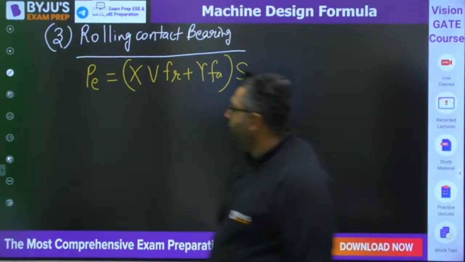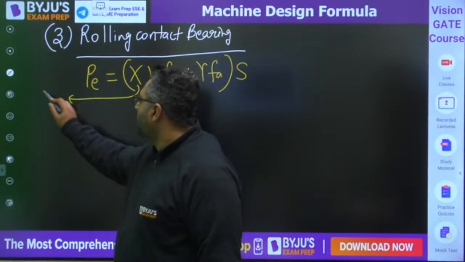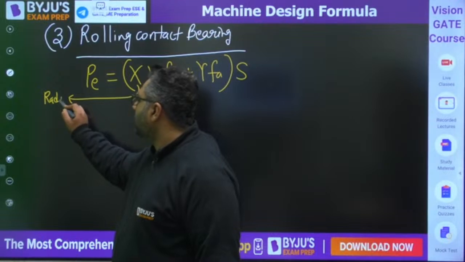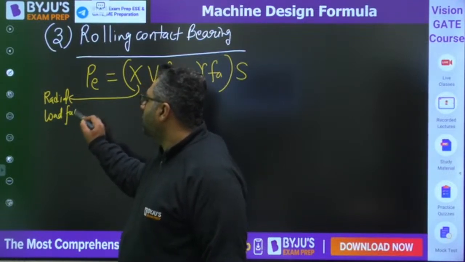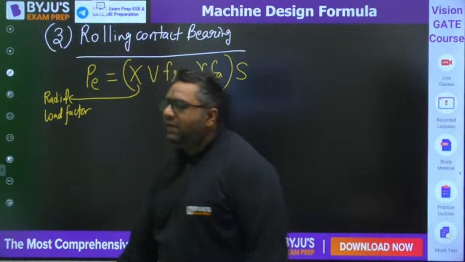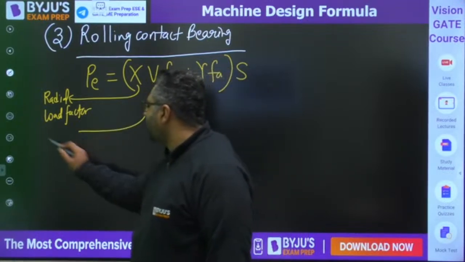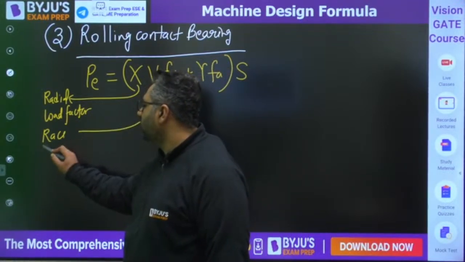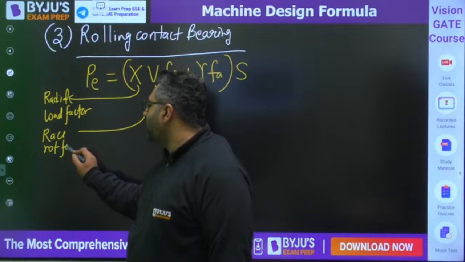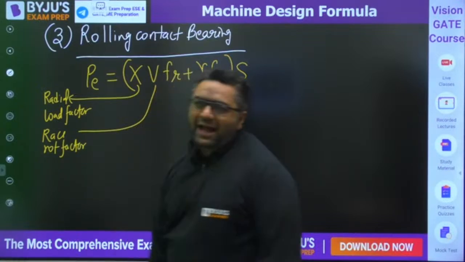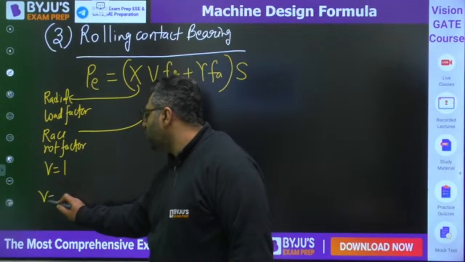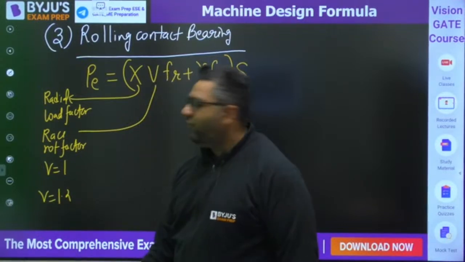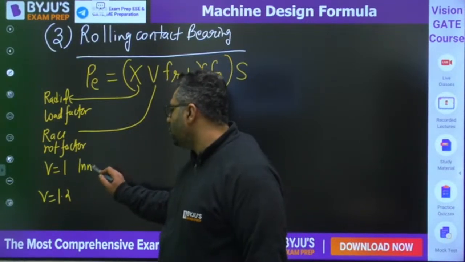Here X is the radial load factor. V is the race rotation factor. X would be given to you. V is 1 or V is 1.2. If the inner race rotates, V is 1.